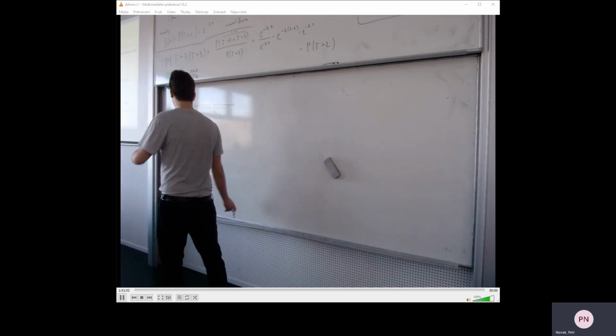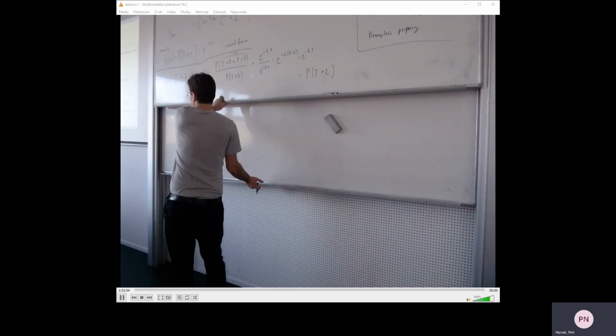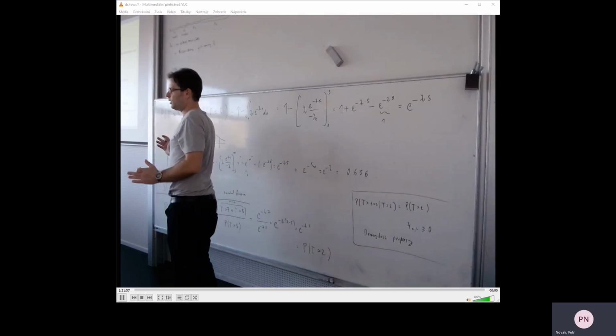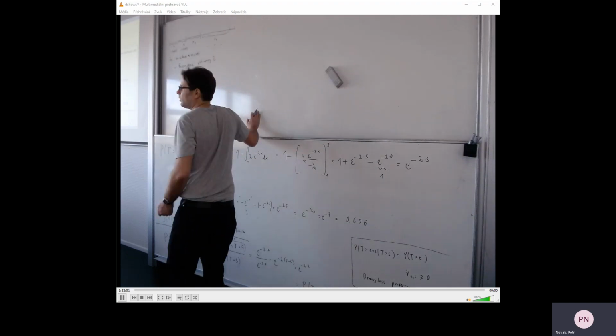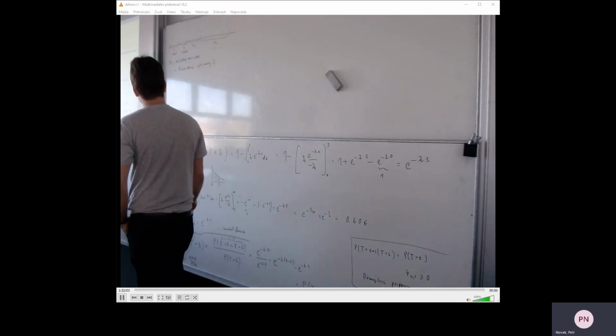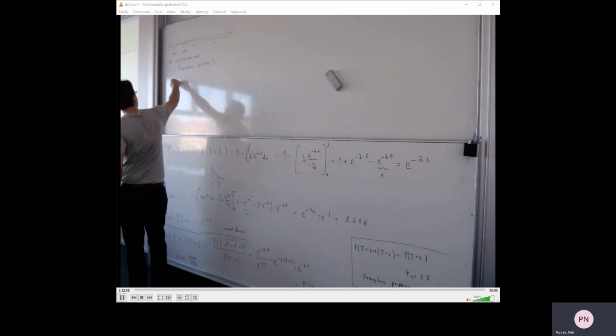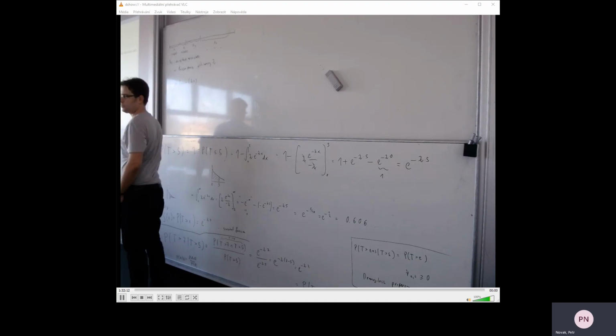And the probability that in a given amount of time we would have seen exactly k buses has the Poisson distribution with parameter lambda times t.